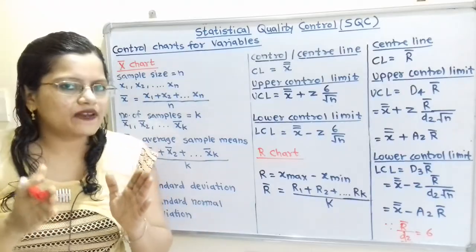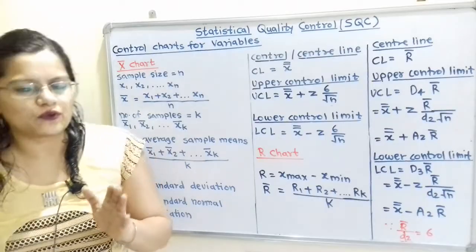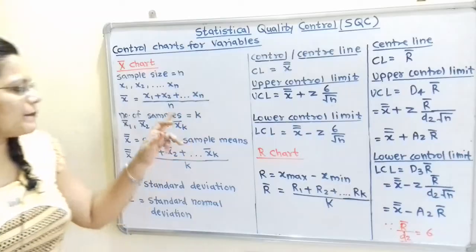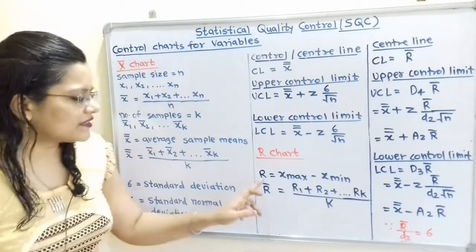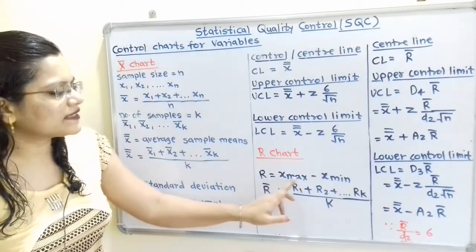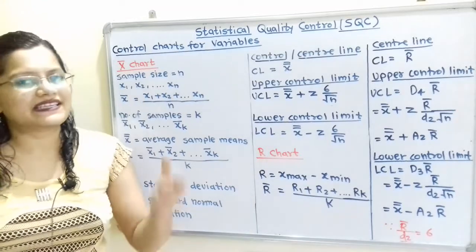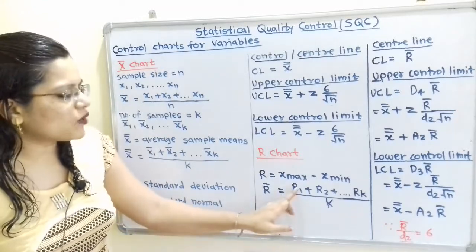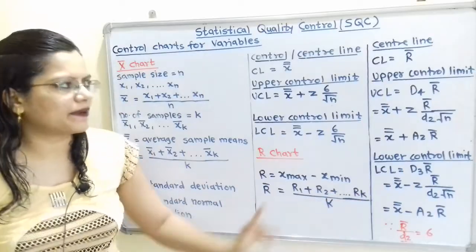For sample 1, the range is R1. For sample 2, the range is R2. And for the kth sample, because the number of samples is k, the range is Rk. So R is equal to x maximum minus x minimum, and R bar, the average, is equal to R1 plus R2 plus up to Rk divided by k.